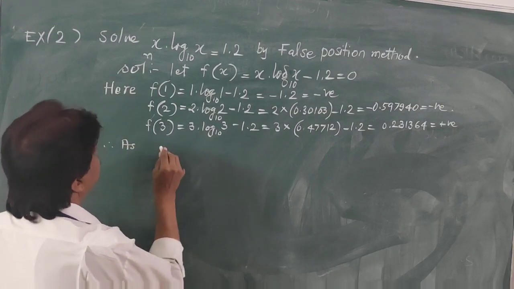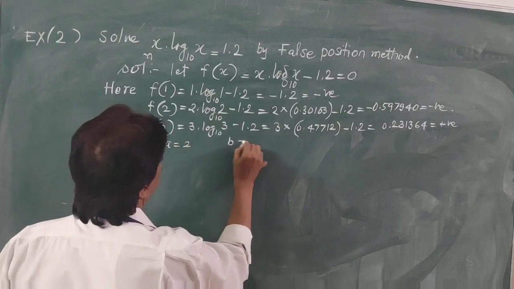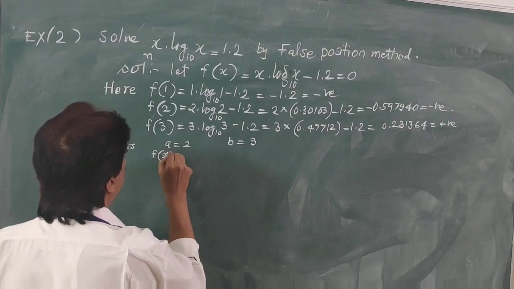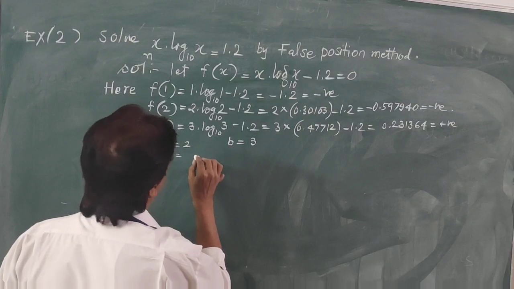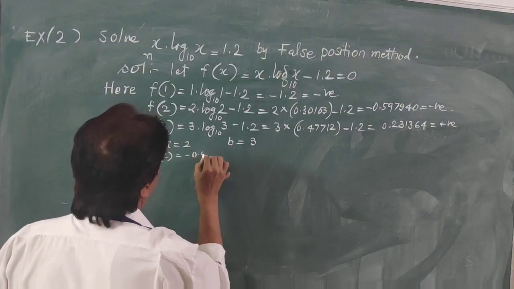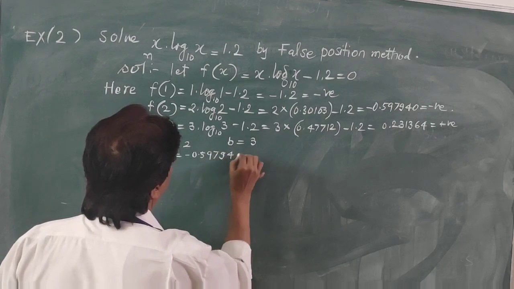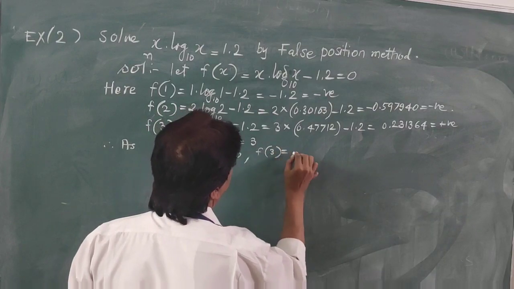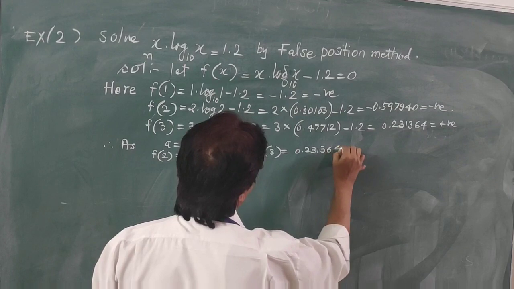Therefore, a is equal to 2, b is equal to 3, f of 2 is equal to minus 0.597940 and f of 3 is 0.231364.